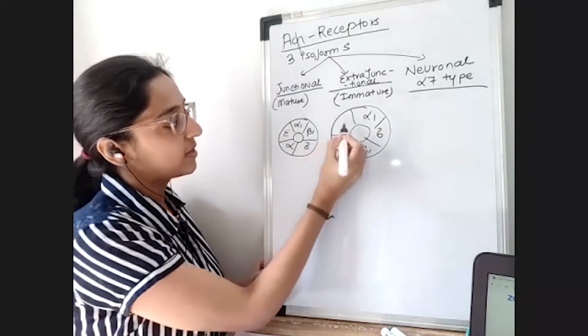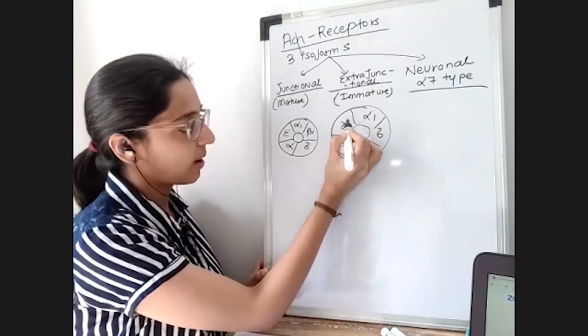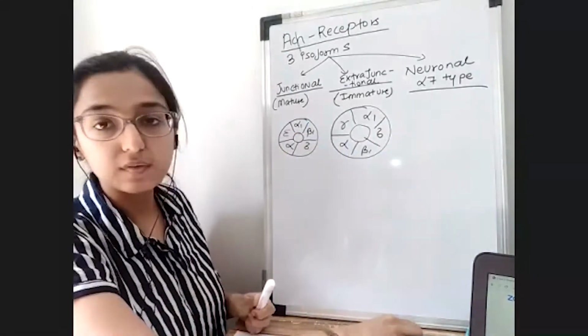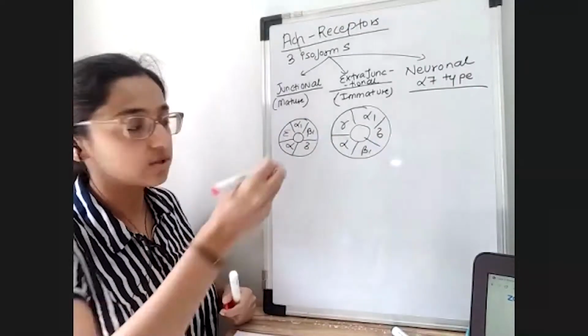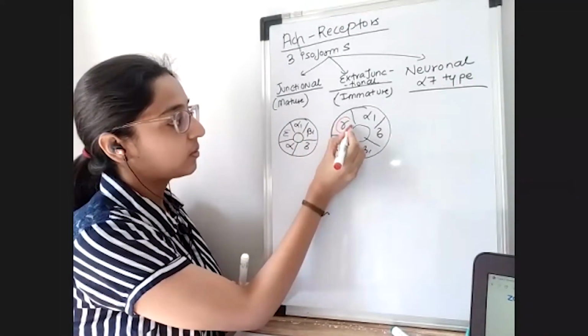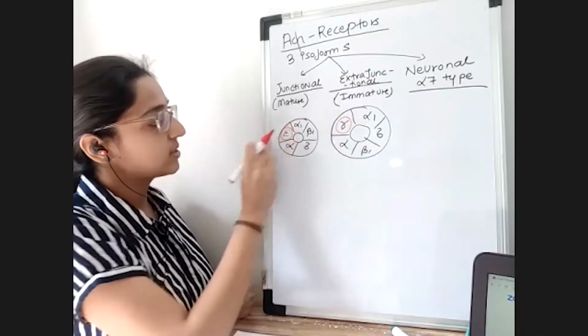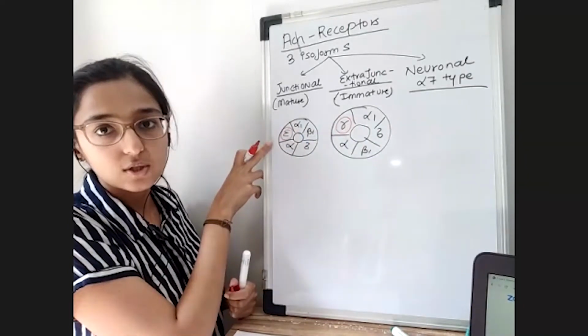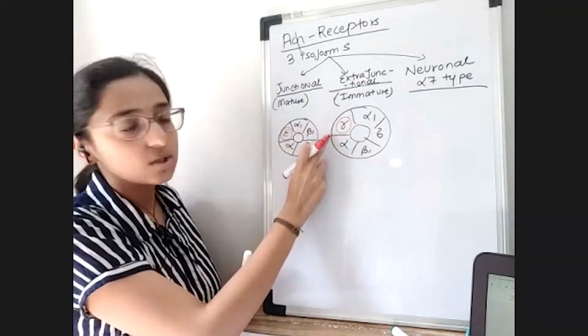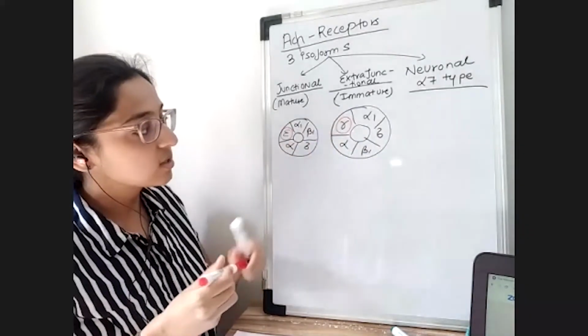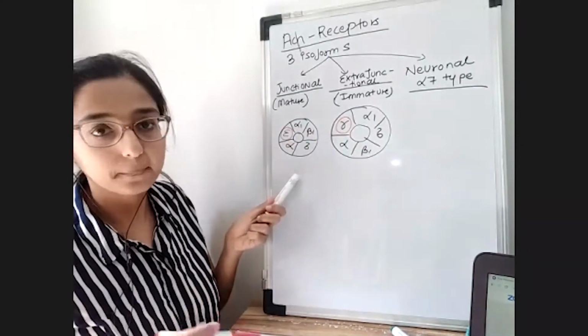The only difference is that there is going to be a gamma subunit. So you can see the difference between the junctional and extrajunctional is only one subunit: the epsilon subunit is present in the junctional, whereas the extrajunctional has the gamma subunit. Rest all the subunits are the same.